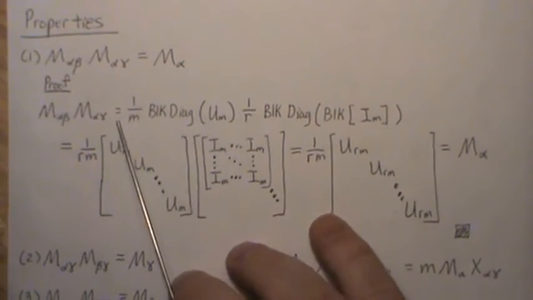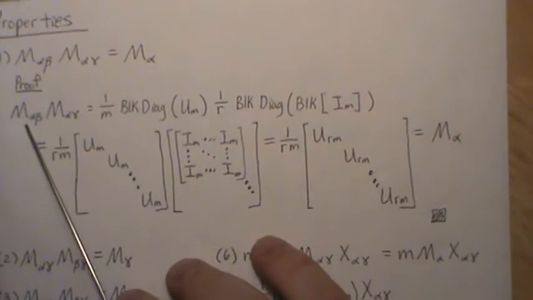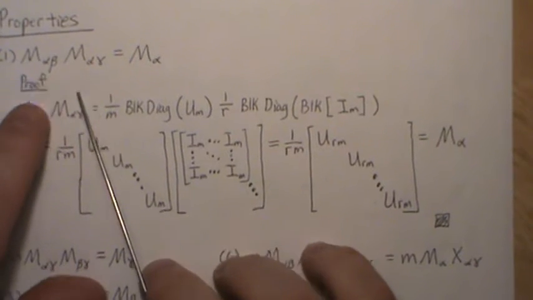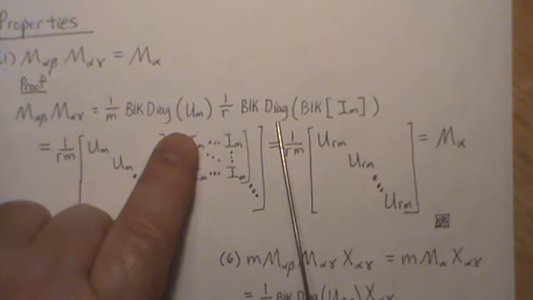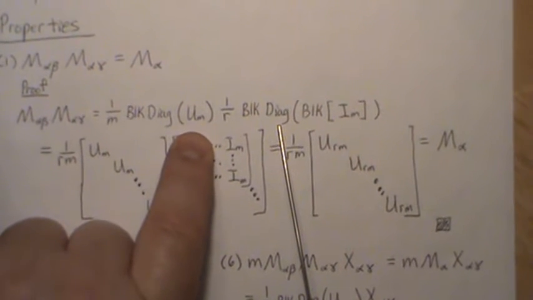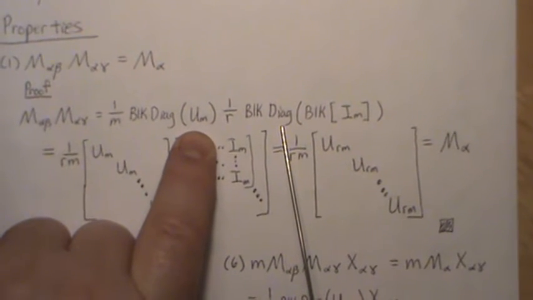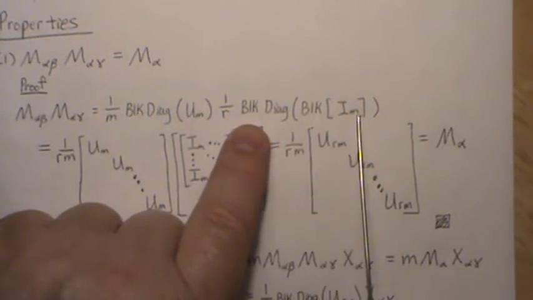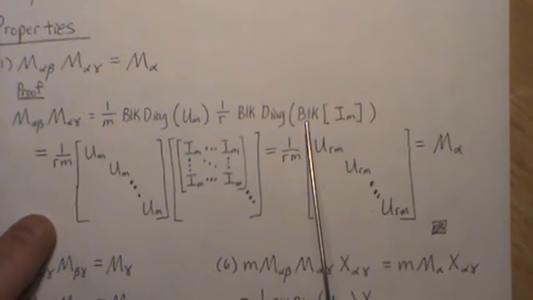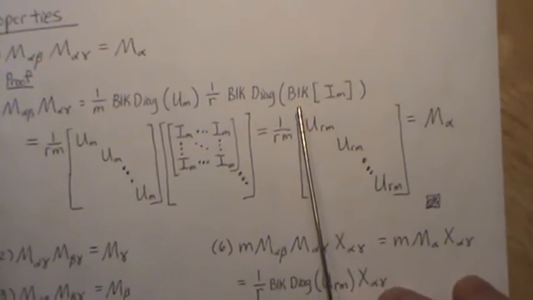And to do this, and I encourage you to go through the proof, if we look at the product of these two, and then put in their structure, it's block diagonal of this matrix of all ones, square matrix of all ones, and this is block diagonal block matrix. I try to write this out.